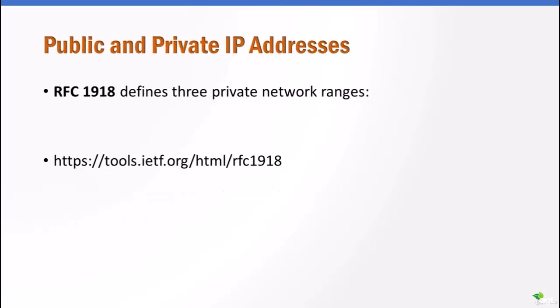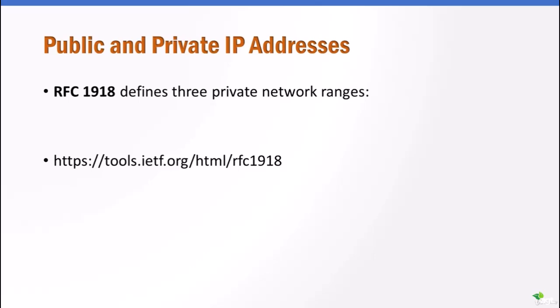Other than that, we also have 3 private network ranges. These are defined in the RFC 1918. RFC stands for Request for Comments, and these are the documents where you'll find pretty much all of the known network and other computer-related standards.